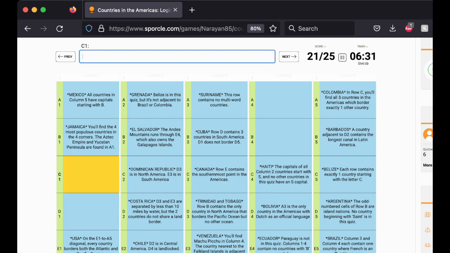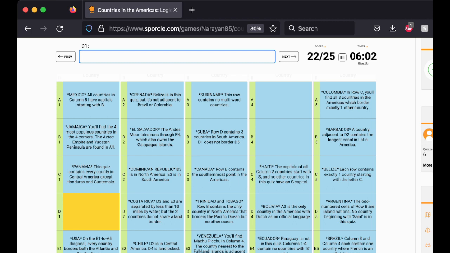So that would lead me to believe that C1 is Panama. So then, this country contains every country in Central America except Honduras and Guatemala. Okay. So that's Panama.